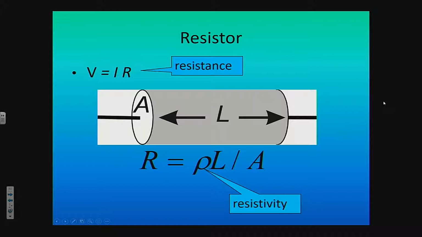So in this example, let's say this is a rock core, length L, cross-sectional area A. The resistance is resistivity times L over A. But the resistivity just depends on things like porosity, rock type, degree of saturation, what kind of pore water you've got, metallic minerals, things like that.